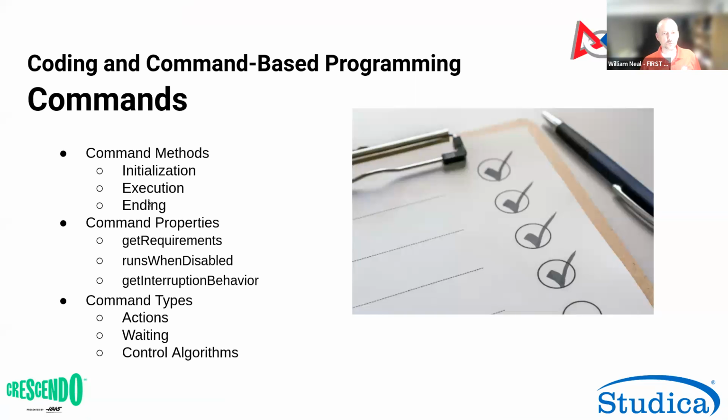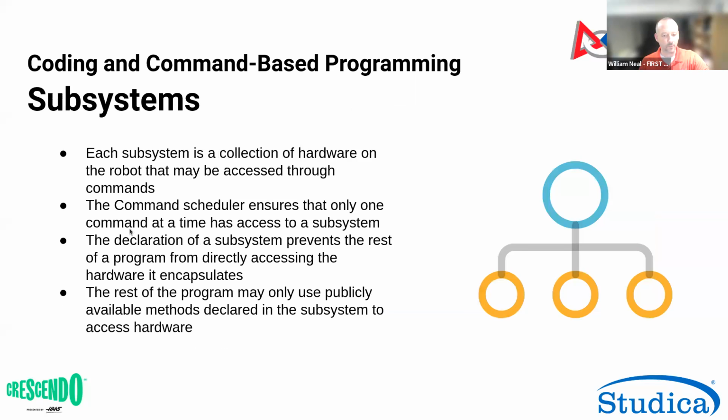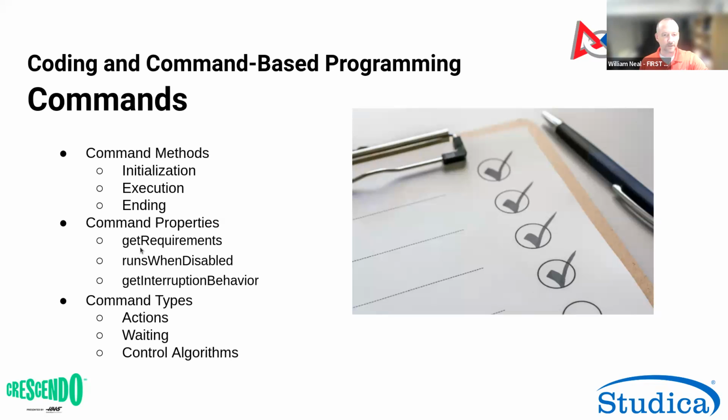You can read more details about these in the FRC control system documentation, which is online. And what are some of the things that we have for command properties? Some of the properties are what we call get requirements.